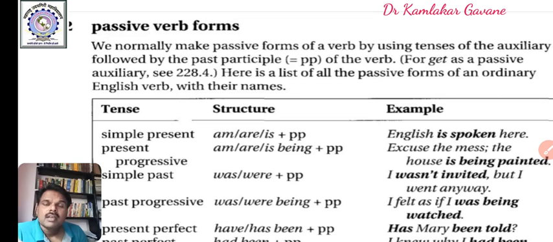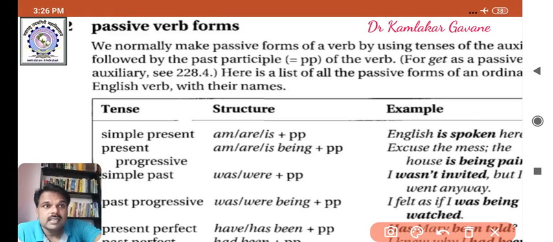And literally there is no difference in the meaning of an active voice sentence and a passive voice sentence, but there is a difference of emphasis, a difference of importance. For example, look at this first sentence here: English is spoken.